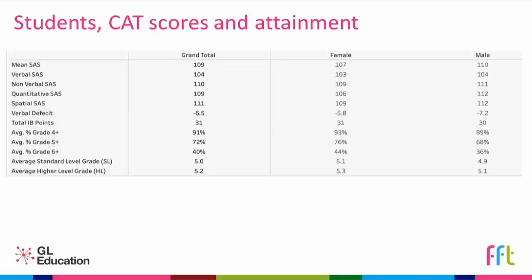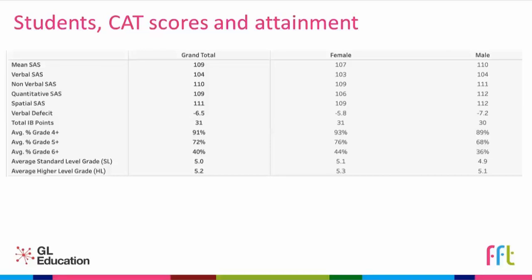You can see there the average attainment for students, and this table is quite useful to see that broken down by gender. As we pointed out earlier, in fact the boys have higher CAT scores than the girls, so they're coming in with slightly higher prior attainment as measured by their CAT tests.